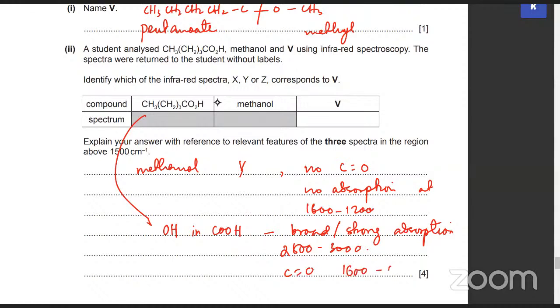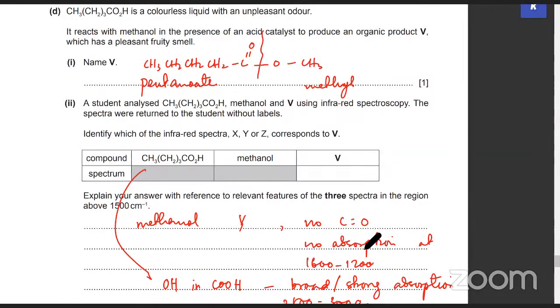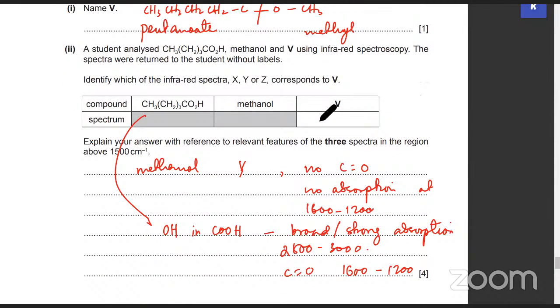So there was absorption at 1600 to 1700 too, okay? So that's how you figure out that must be a carboxylic acid. And then the last one left by elimination, that's V. That is purely by elimination. It's just going to have a C=O bond. So the last one left, that's V. So that's how you're going to get 4 marks for this.